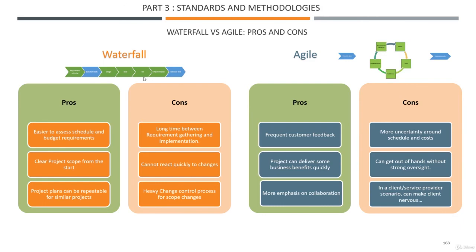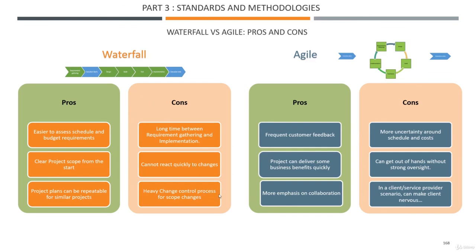So this is, I suppose, the disadvantage of Waterfall: you would have to use the very heavy change request process here, change control process. And this is a bit tied up with this, where you cannot react quickly to changes, because you've done all the work here already. If you get a new requirement that contradicts a little bit, then you need to go back there, and it's a bit of a long process.